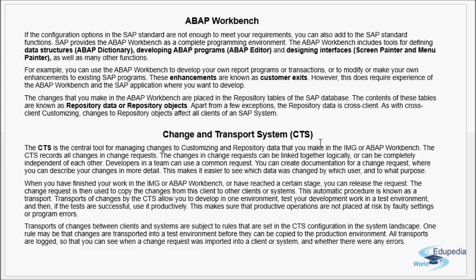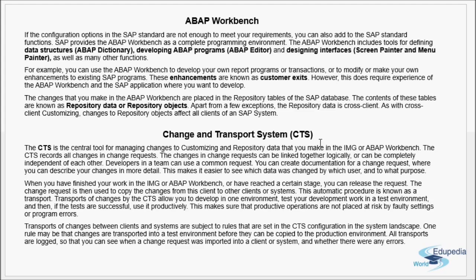The changes in a change request can be linked together logically or can be completely independent of each other. Developers in a team can use a common request. You can create documentation for a change request where you describe your changes in more detail. This makes it easier to see which data was changed by which user and to what purpose.